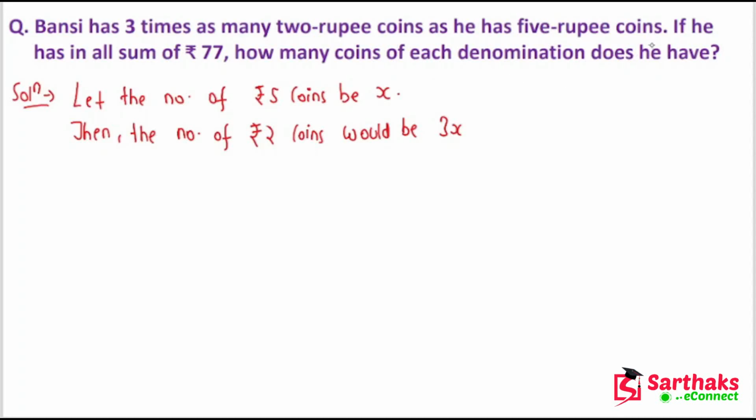Now what does the question say further? It says he has in all a sum of 77, that is, the amount that these x plus 3x coins, that is total 4x coins, are making is rupees 77. So how do we find it?